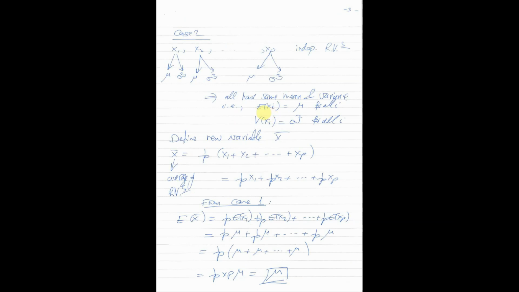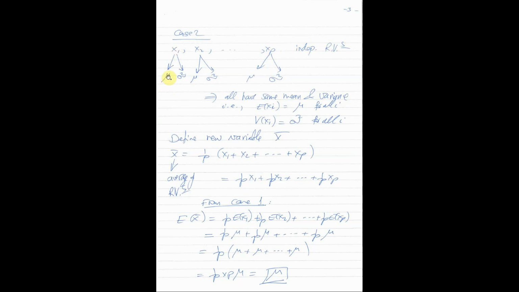Still something similar. We have random variables x1, x2, x3 until xp. So it's exactly the same, but in addition to this, we say they are independent. So these are independent random variables. And in addition to this, we also notice that the expected value and variance of each is exactly the same.